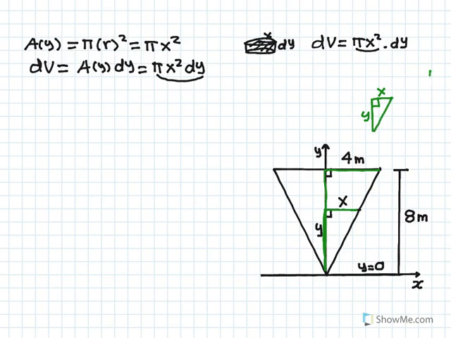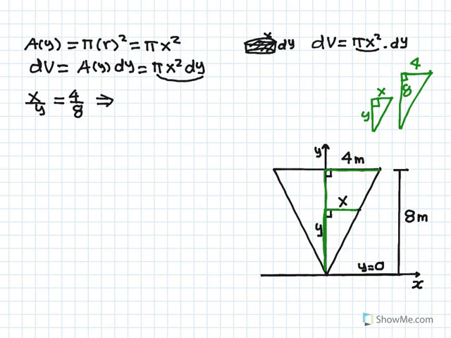Then the larger one, this is 4, the top radius. And then the height is 8. So ratios of corresponding sides are equal. We get x over y is equal to 4 over 8. This is the application of similar triangles to express x in terms of y.